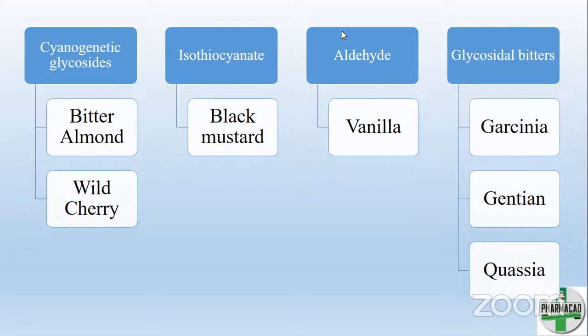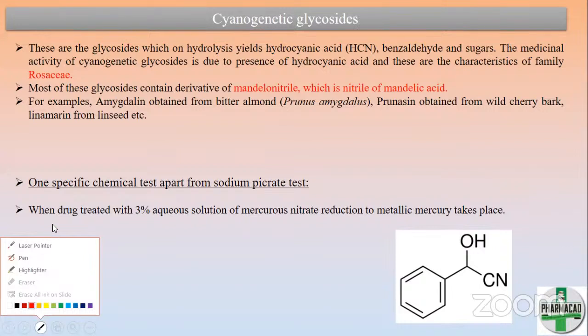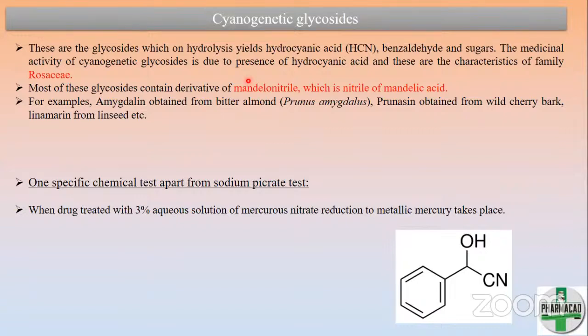So let us start with the first, that is cyanogenetic or cyanophoric glycoside. अगर याद होगा तो in the first lecture itself we had taken two chemical tests with glycoside, which was due to release of HCN gas. Basically, they are glycosides which on hydrolysis yield hydrocyanic acid, benzaldehyde, and sugar.